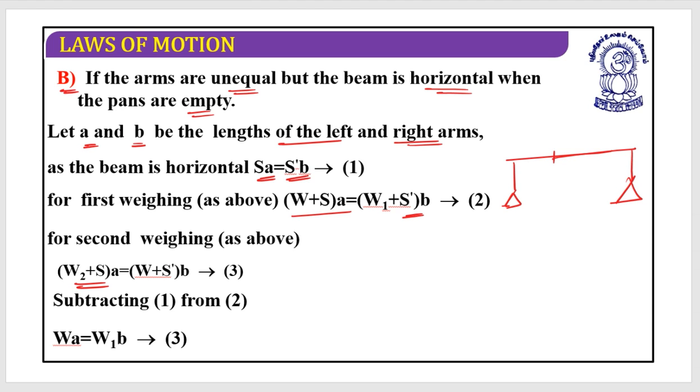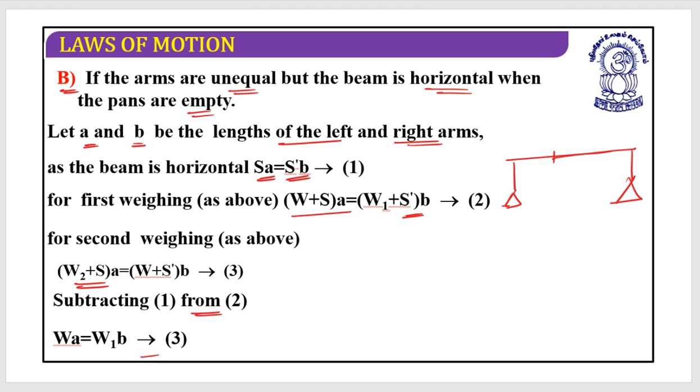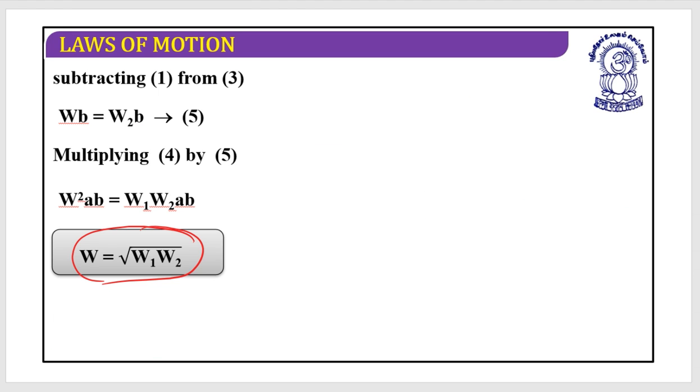If I subtract these and work it out, I get W = under root of W1 into W2. You need to remember this relation, but it can be applied only if the arms are of unequal lengths.